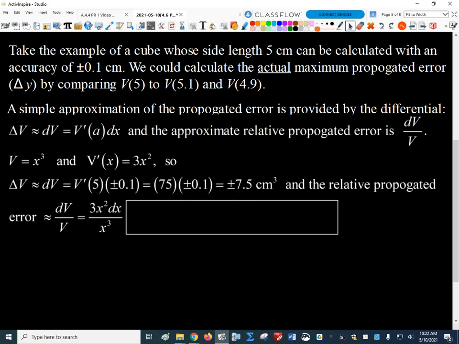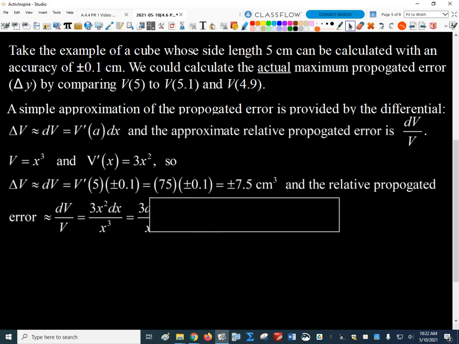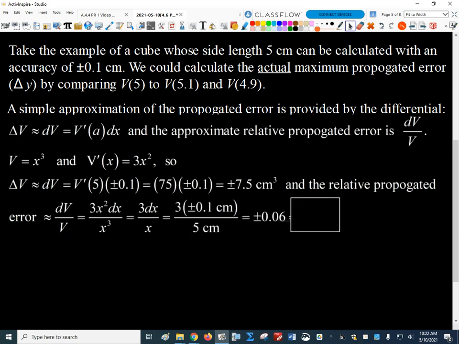I could plug in x equals 5 and dx equals plus or minus 0.1 and get an answer, but don't. You can always simplify this, right? I can take this dV over V and algebraically make it a lot simpler and more meaningful. I could divide top and bottom by x squared, and that gives us something that communicates a little more information, right? I get 3 times dx over x.